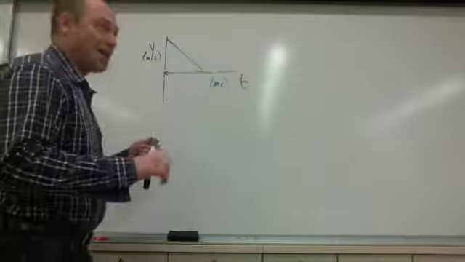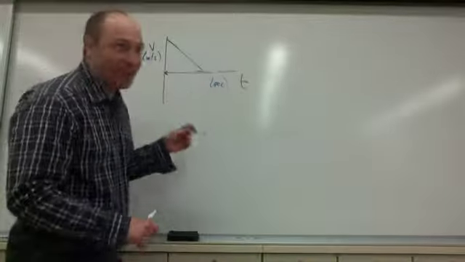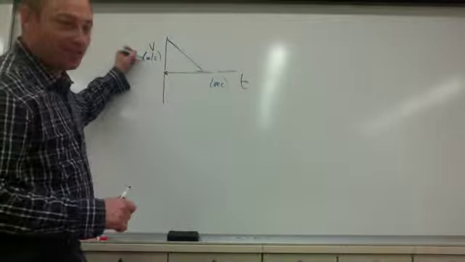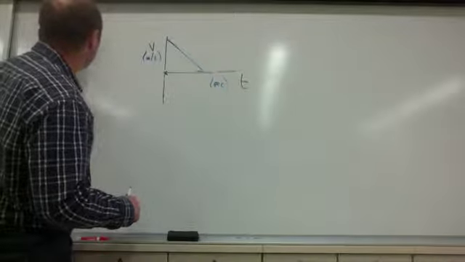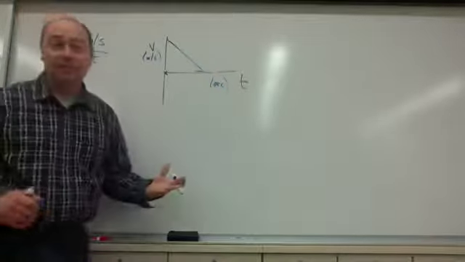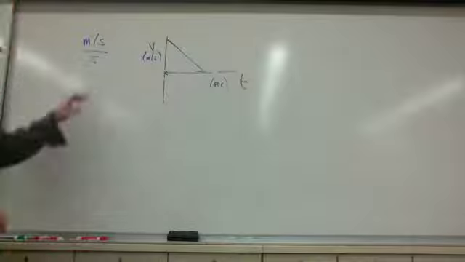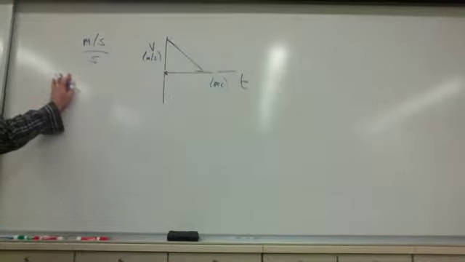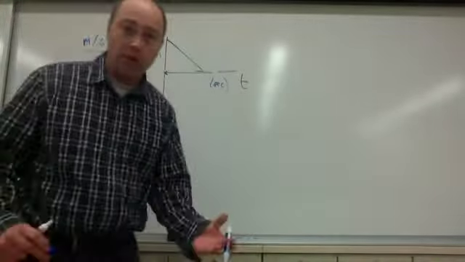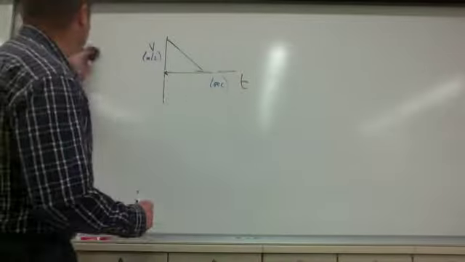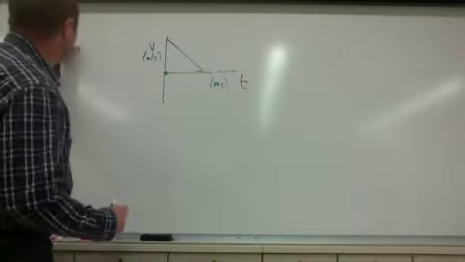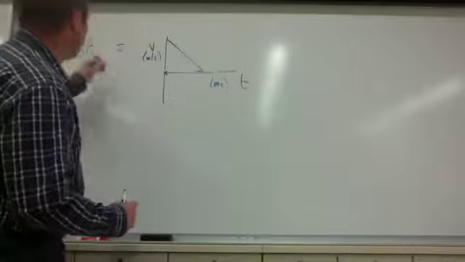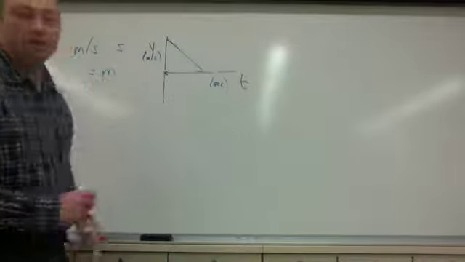If I am looking at the slope of this graph, I am going to have meters per second per second. That's going to tell me acceleration. Whereas if I look at the area of this graph, meters per second times seconds, that's going to give me meters.